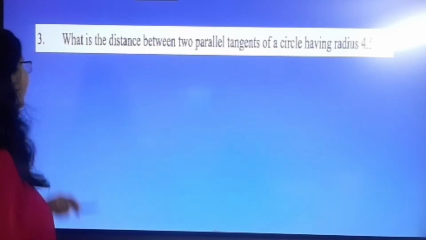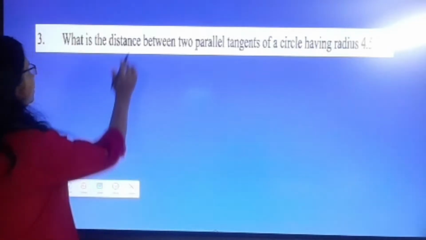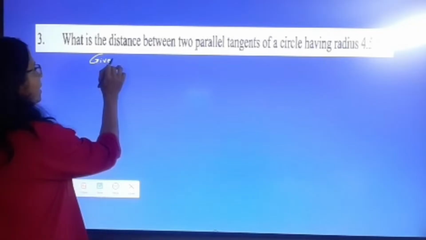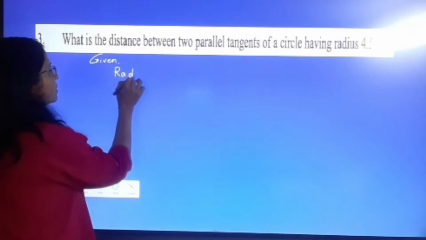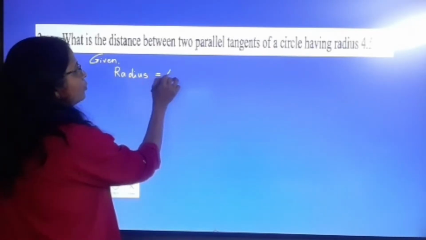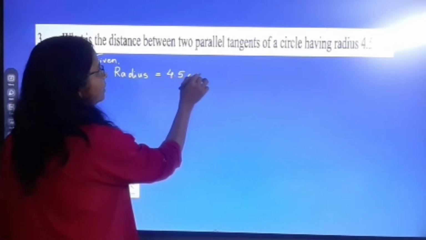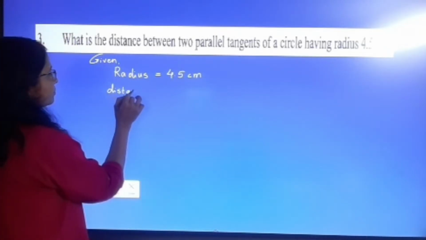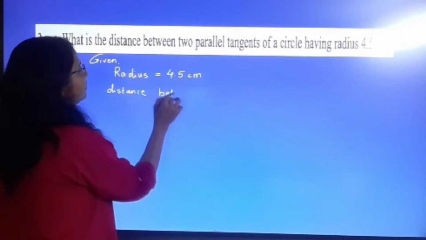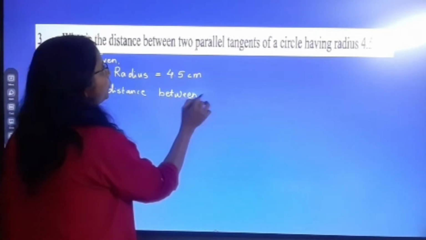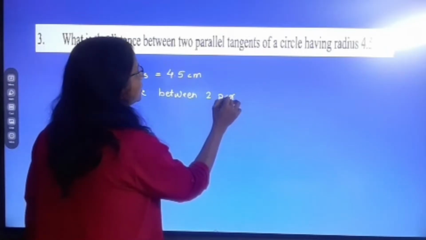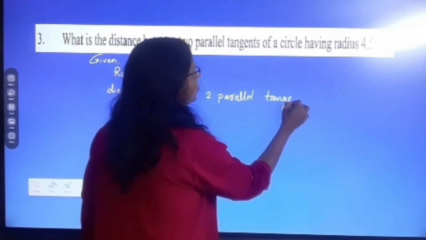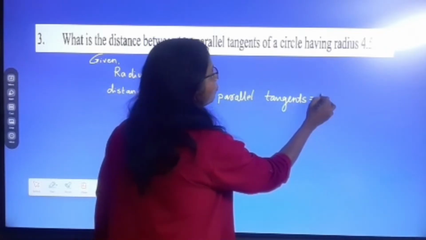So first I write down the given: the radius is equal to 4.5 centimeters, and then write down the distance between two parallel tangents is equal to question mark.